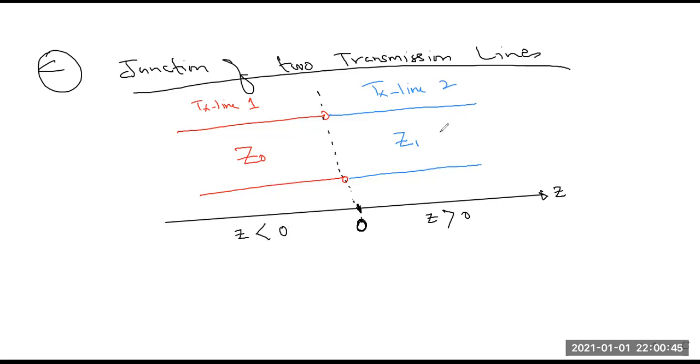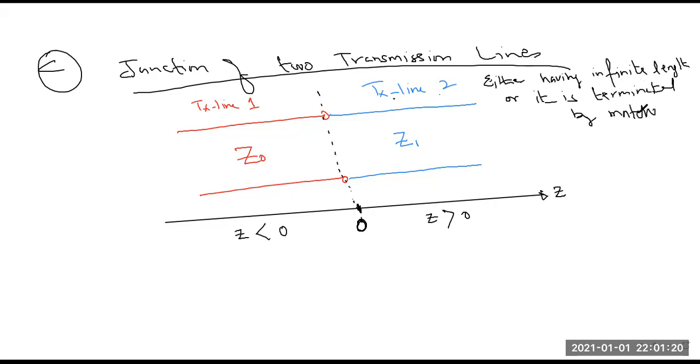In order to analyze this situation, we will assume that transmission line number two either has infinite length or is terminated by a matched load.